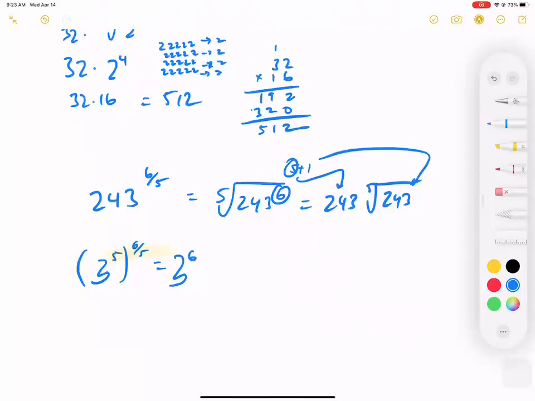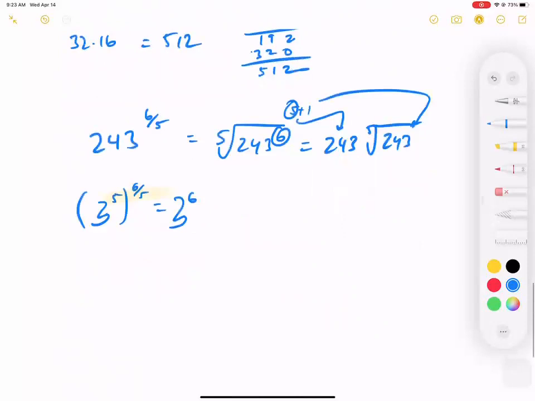I know what 3 to the 4th is. I know that's 81. So 3 to the 4th, well, let's write it out so you guys can see it. 3, 4, 5, 6. So that's 9, 27, 81, right? 3 to the 4th is 81. Times 3 is 243, right? That was our 5, right? 3 to the 5th power.